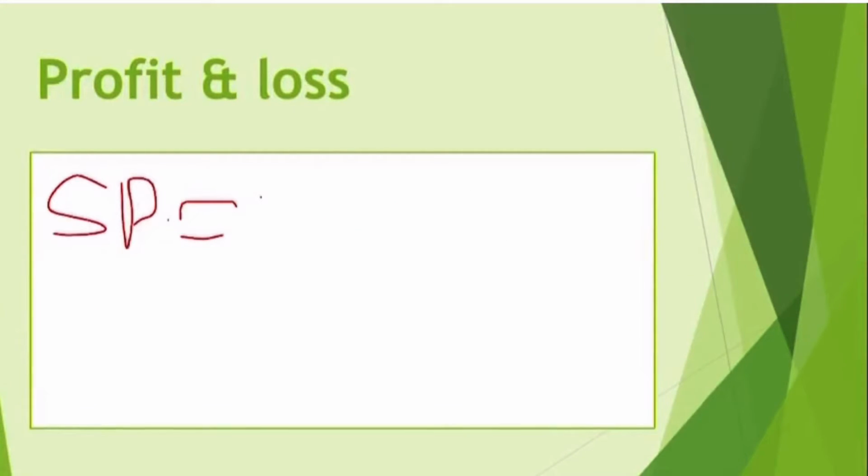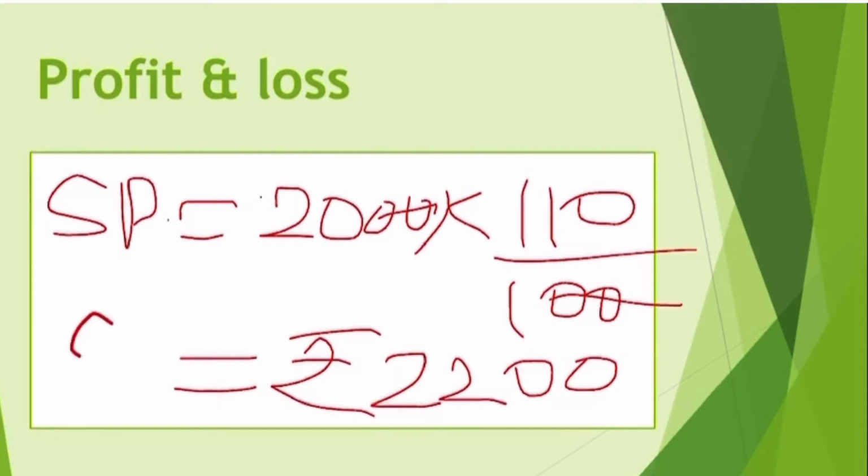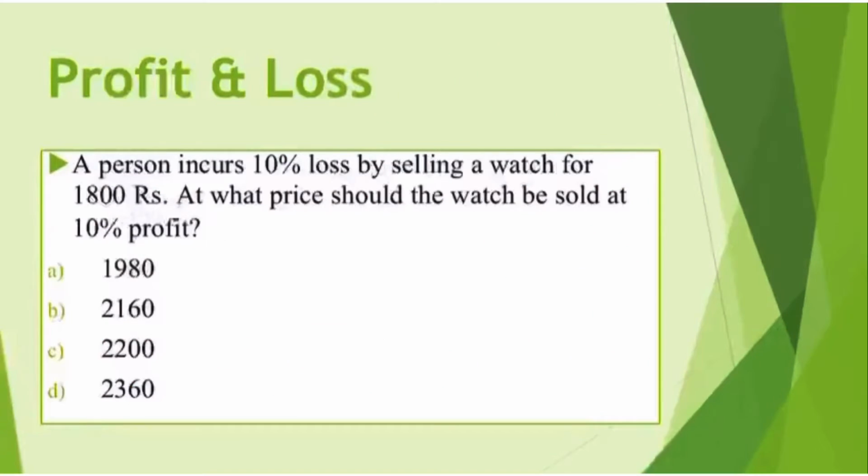So the selling price has to be 2000 into 110 by 100. Now we can cancel the zeros again. So 20 into 110, which is 2200. If the selling price is 2200, then the seller will have 10% of profit. From the given options, C is the right answer, 2200.